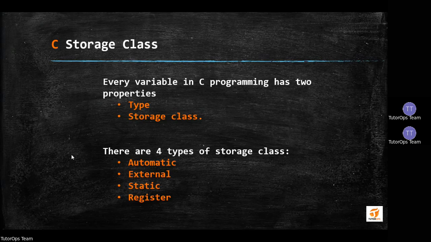The second one is external. The external storage class is extern. This storage class is used to give a reference of a global variable that is visible to all the program files.